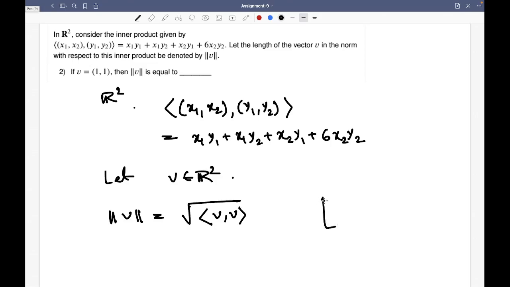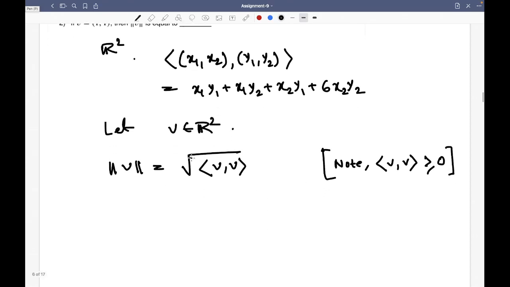Note that on an inner product space, v inner product v is always non-negative, greater than or equal to 0. It is 0 if v is 0, and if v is non-zero then it is positive. So this is the norm.